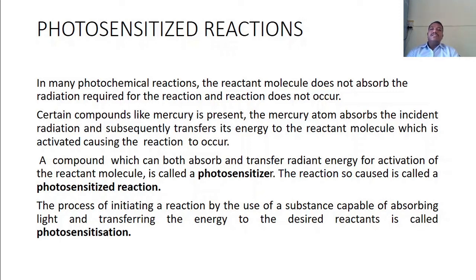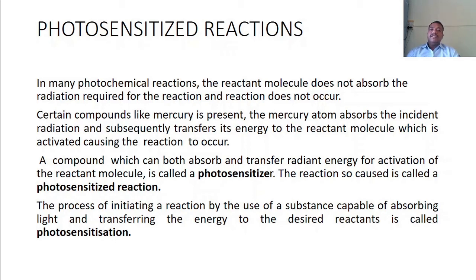They absorb the incident radiation and transfer the energy to the reactant molecule, making it react. Those substances which act as a carrier of energy, which activates the reactant molecule, are called photosensitizers. And the reaction so caused is called a photosensitized reaction.